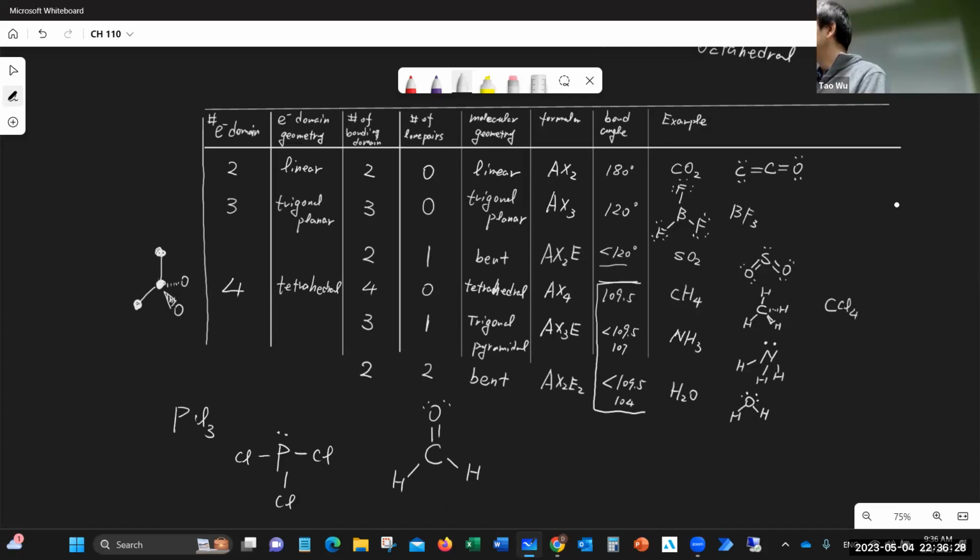It has three bonding domains and no lone pairs, so totally three electron domains on the carbon central atom. So this molecule should be trigonal planar. Again, look at the central atom and how many electron domains and lone pairs it has. Then, based on the chart, you determine the geometry of these molecules.